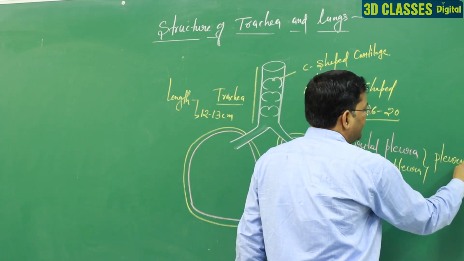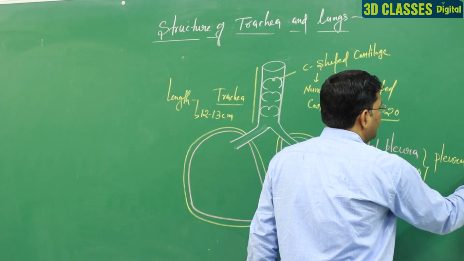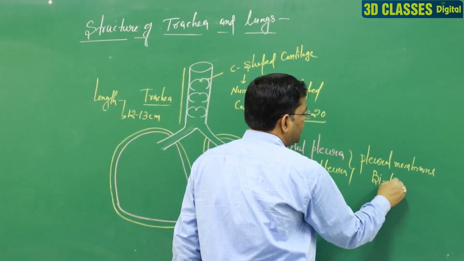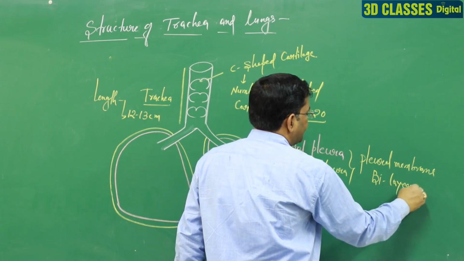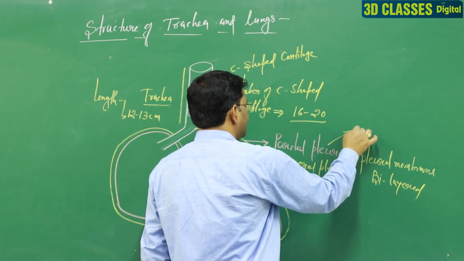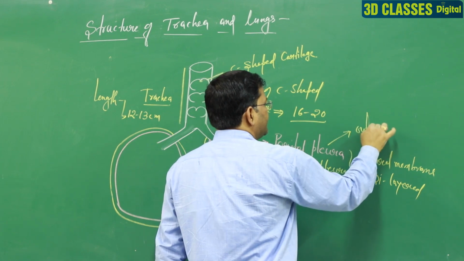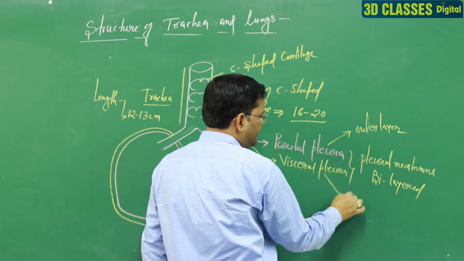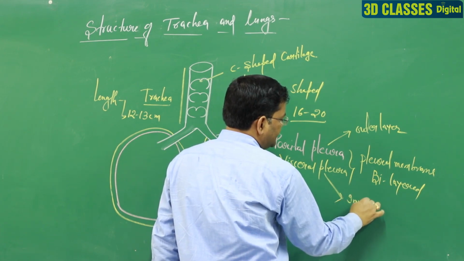Pleural membrane. And this pleural membrane is bilayered. The outer layer is the parietal layer, and the inner layer is visceral.